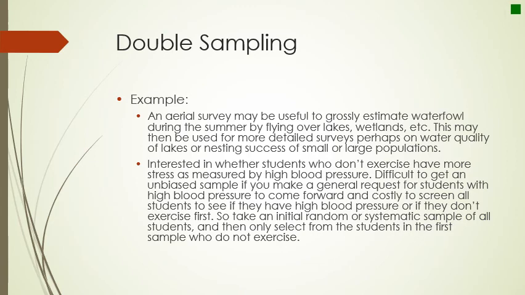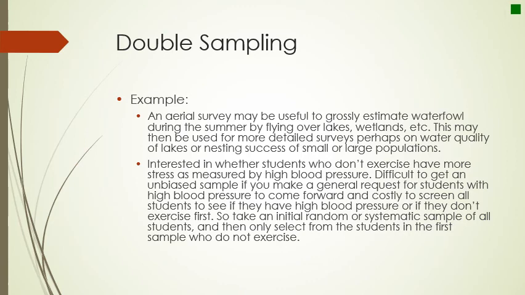Another example is maybe you're interested in whether students who don't exercise have more stress as measured by high blood pressure. Well, you might not want to just put out a general call to get students with high blood pressure, because they might have a number of factors that may lead to that.